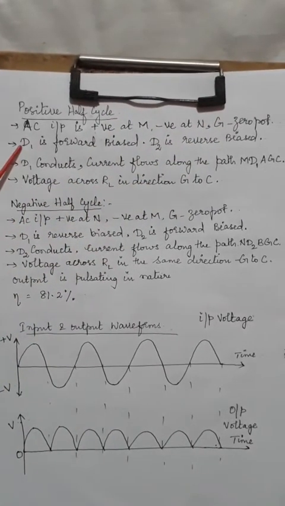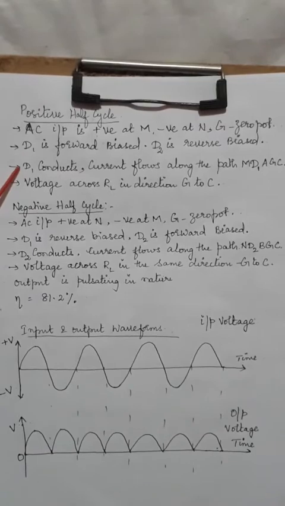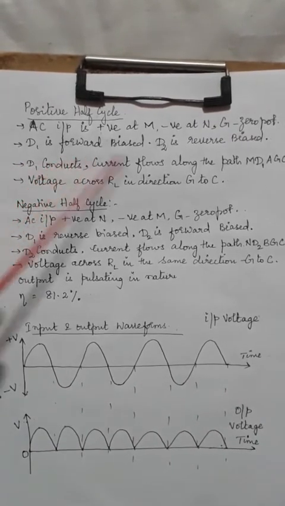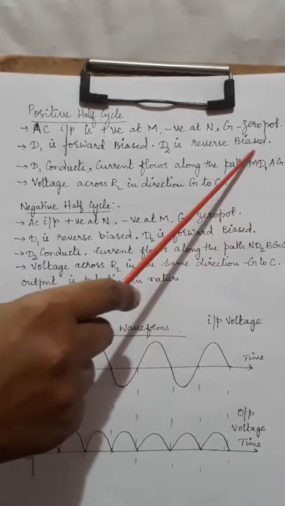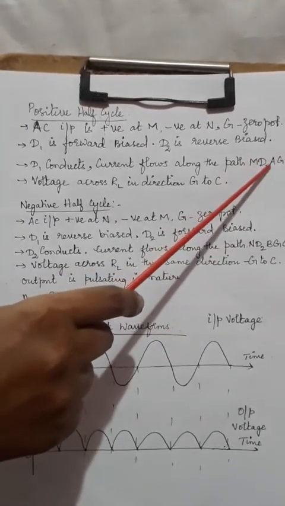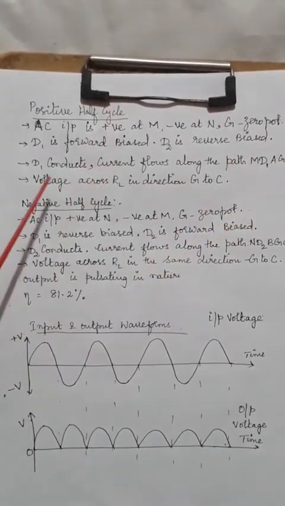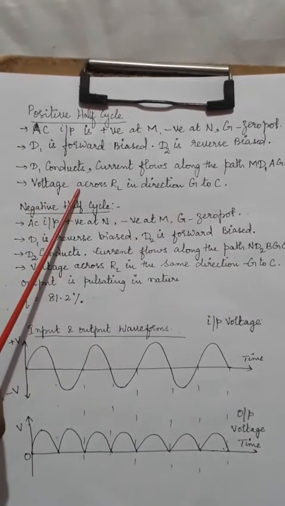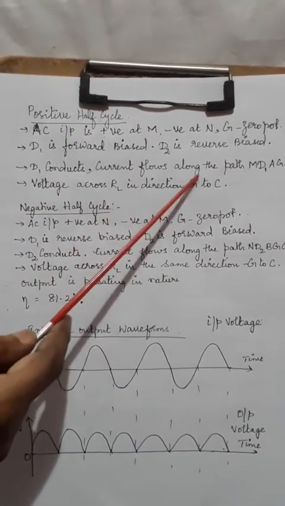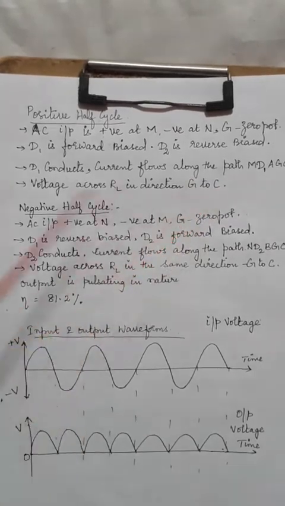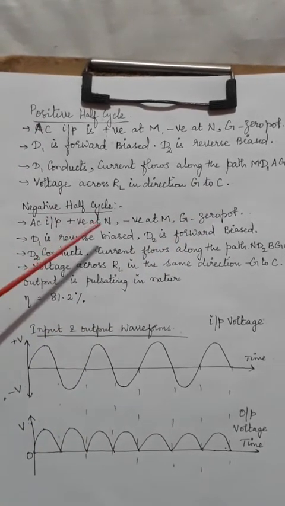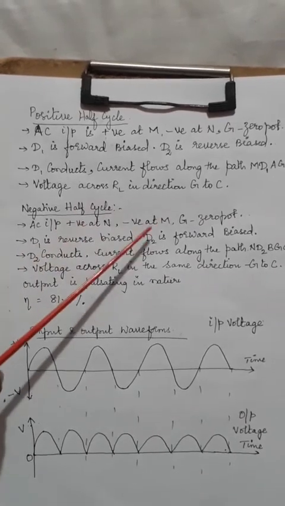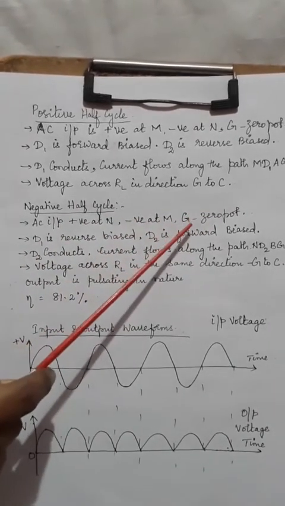So here D1 is forward biased, hence current will flow through the conductor, and this is the path of flow: M, D1, A, G, C. So voltage is given out in the direction of G to C. When the negative half cycle takes place, it is just opposite, where N will be positive and M will be negative. Again G is 0.